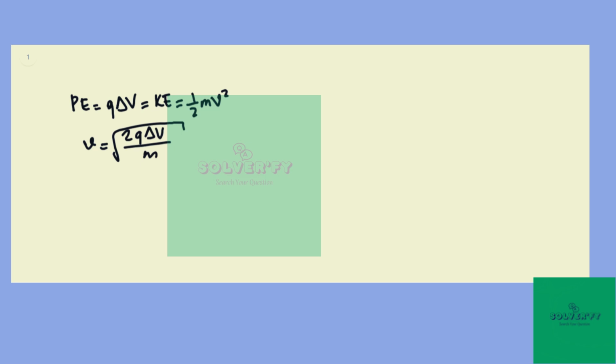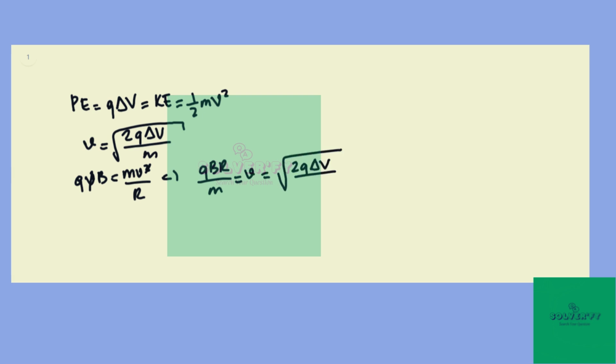On a separate note, we know that the magnetic force equals mv squared over r. So we also have QBr over m for our velocity, which then equals the square root of 2Q delta V over m. So these two terms are equal to each other.